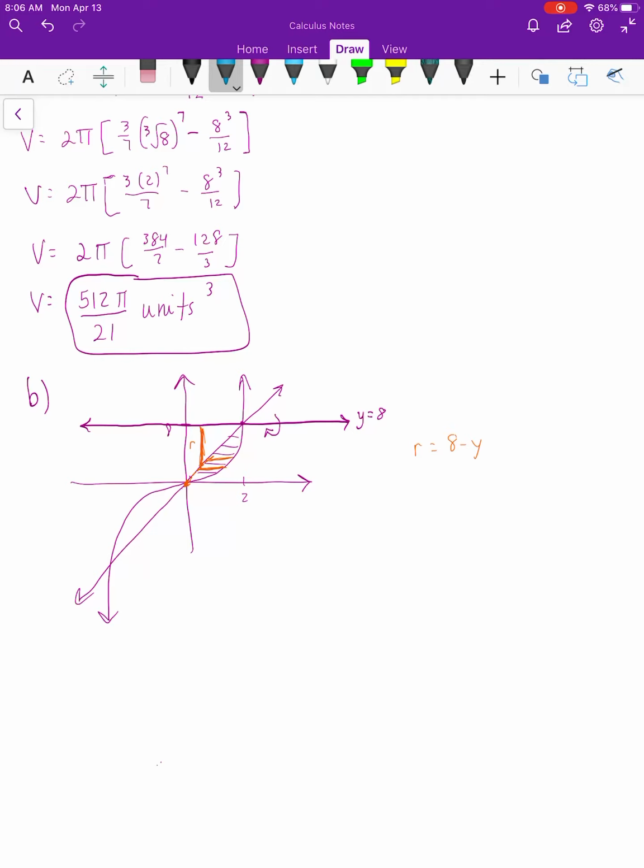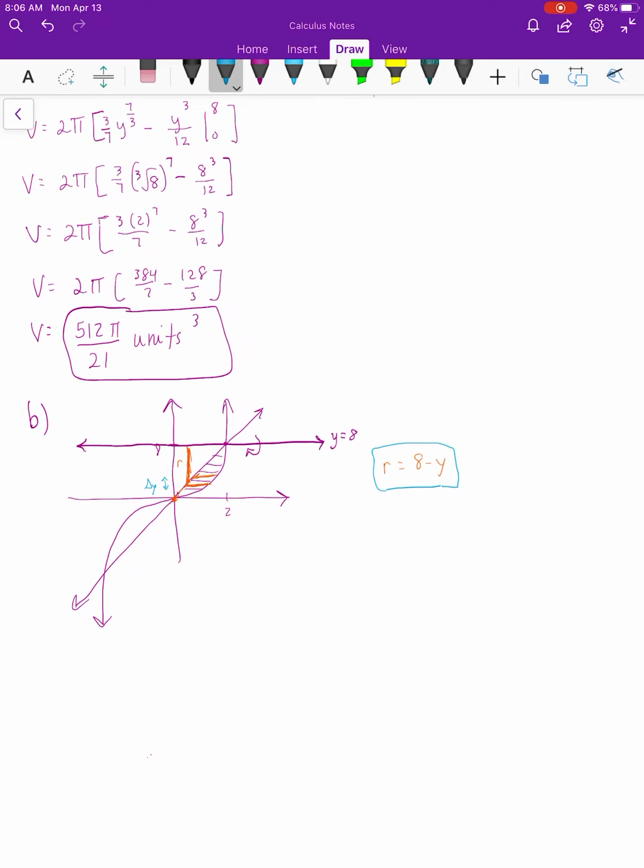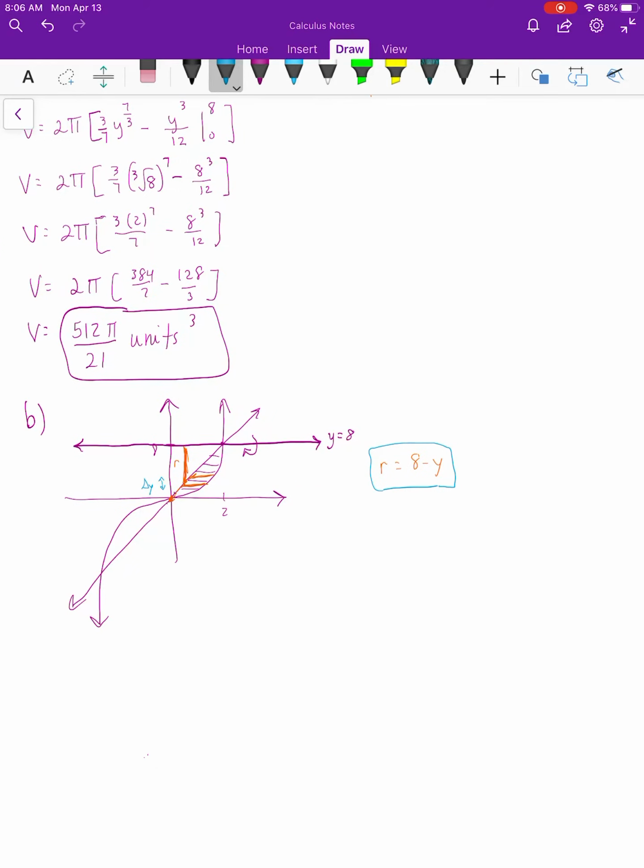And so now, again, the distance along here is delta y, right? So again, that's why my radius was in terms of y, because I knew I was going to have y integration again.